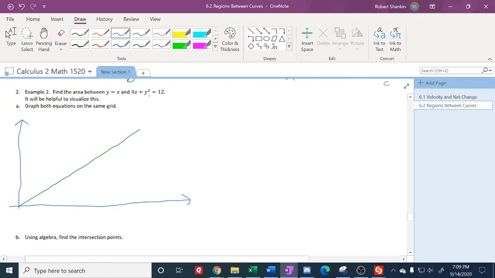When the y is squared and the x is to the first power, what that does is it sends it sideways. It's either off to the right or off to the left.